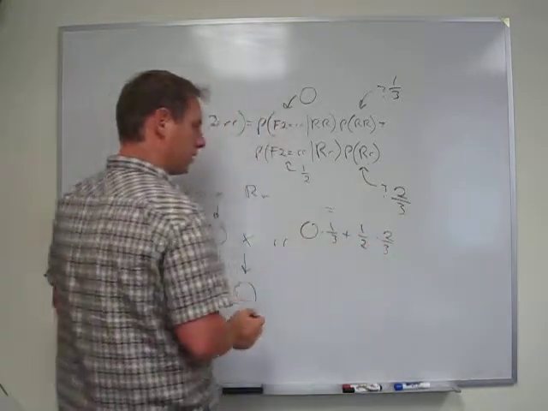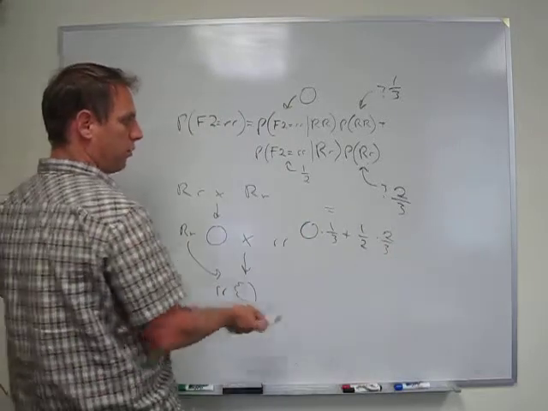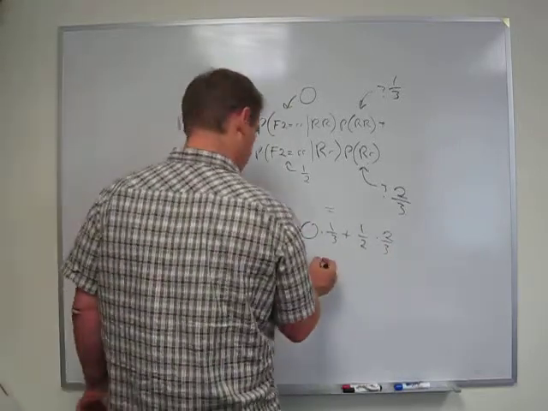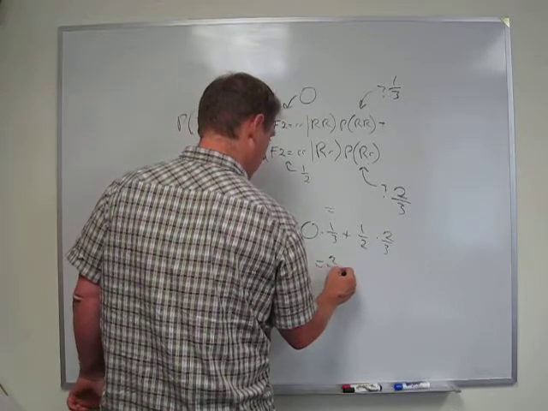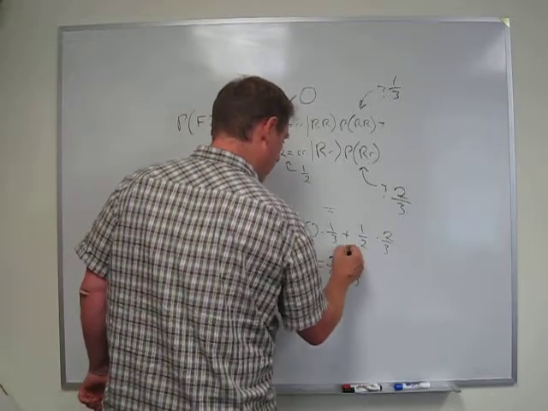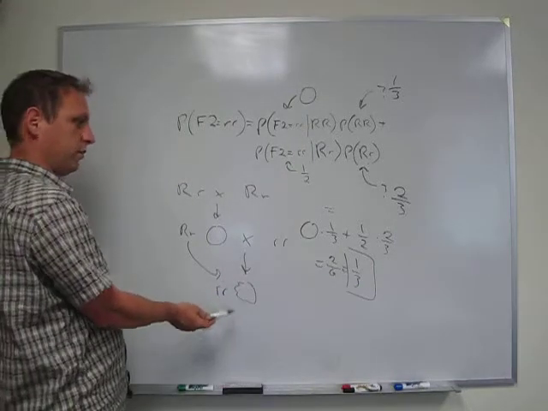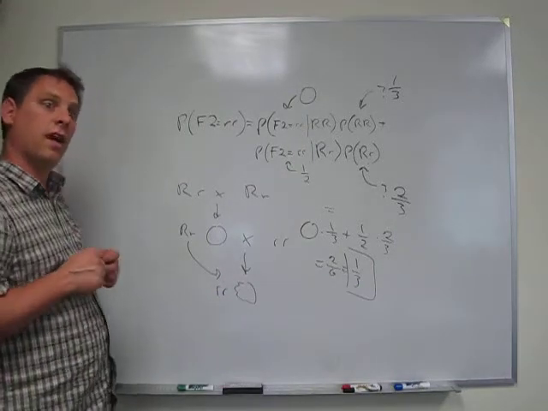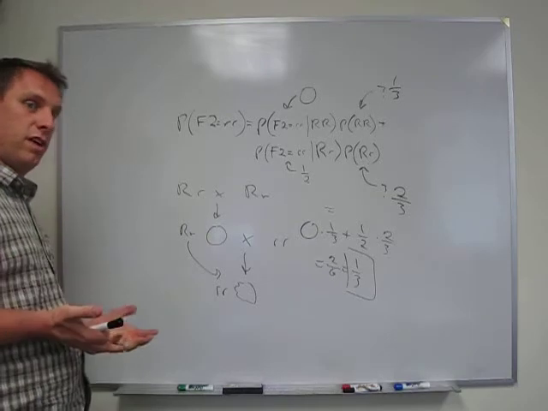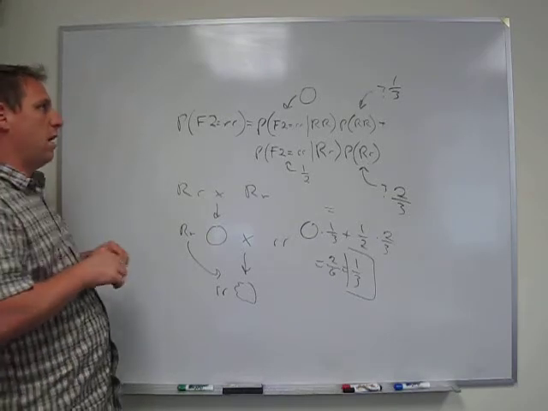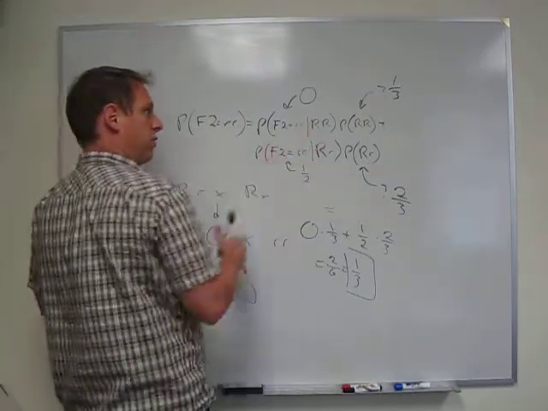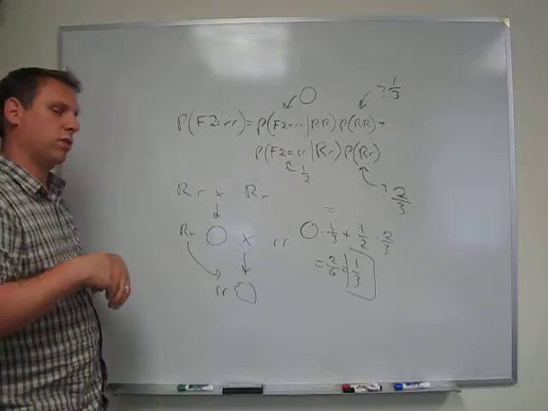So in this particular case, 0 times 1/3 plus 1/2 times 2/3 is equal to 2/6, which is equal to 1/3. So that is the probability that you end up with a wrinkled P after going through this scenario. And what I've shown you is I've taken advantage of this law of total probability and these conditional statements to determine what that is. You can do this for all sorts of things.